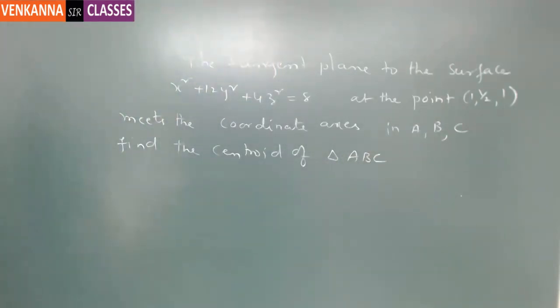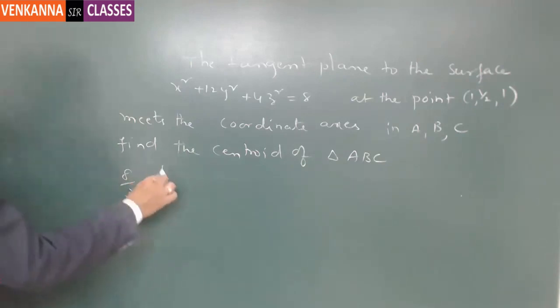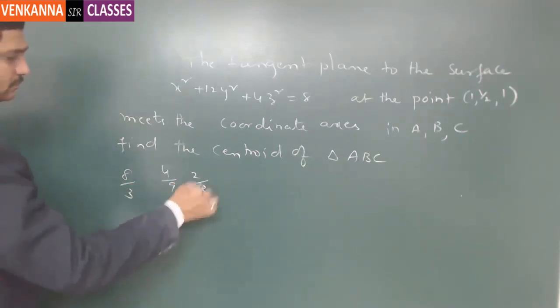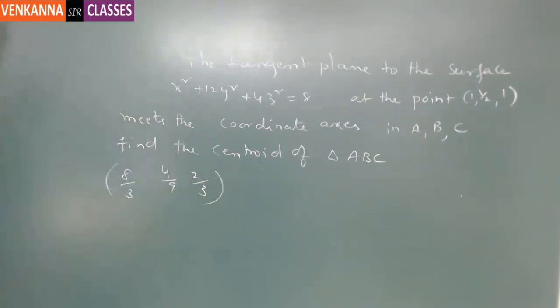This is the problem. You just take it as a practice. I will say you are going to get the value maybe 8 by 3, 4 by 9, 2 by 3. So you just calculate the tangent plane equation at the point 1, 1 by 2, 1.